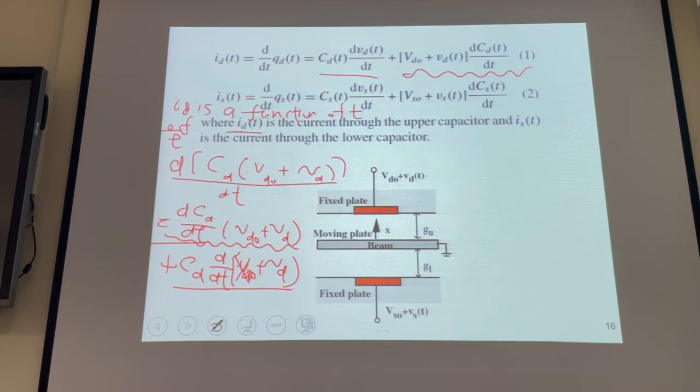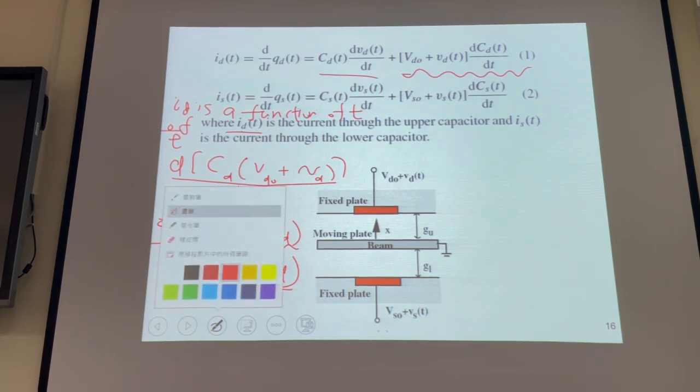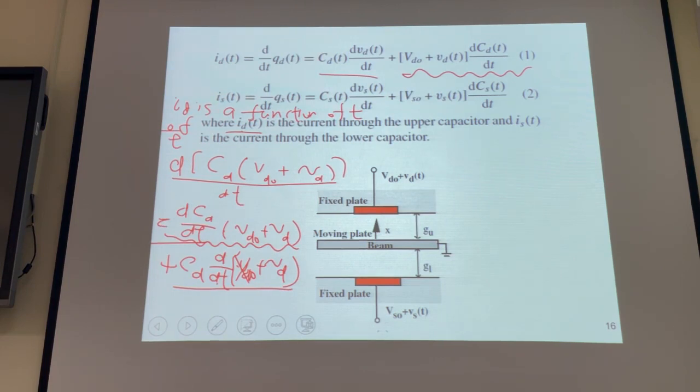So we just ignore it and say ID of t for simplicity. Again, where ID of t is the current through the upper capacitor and IS of t is the current through the lower capacitor. Good.